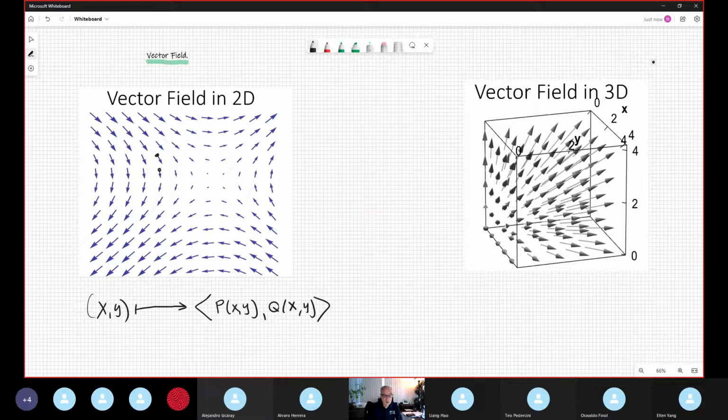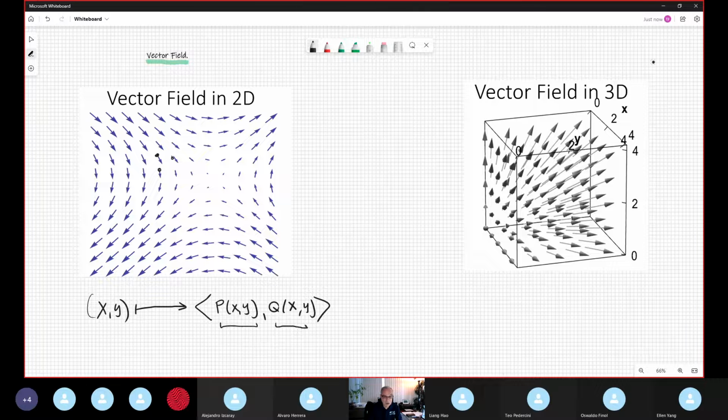Who is P, Q? Well, P, Q are scalar functions. So basically, to any point you associate one vector according to this mathematical relationship.